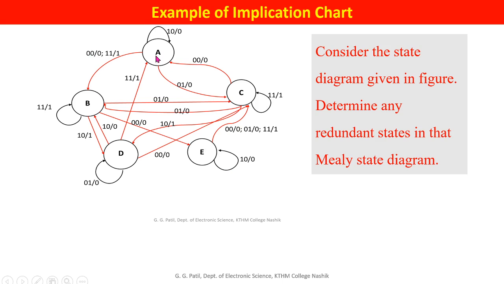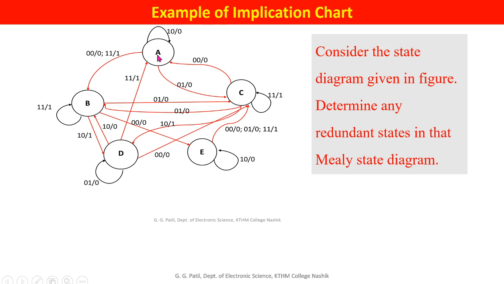Here, if we observe carefully, the directed arrows show the state transition from one state to another state under an input condition, and the outputs are written after the slash. The value before the slash gives the number and type of input, and after the slash it gives the output.